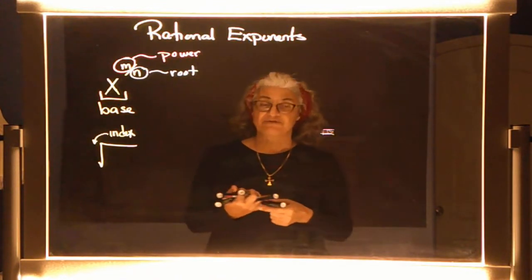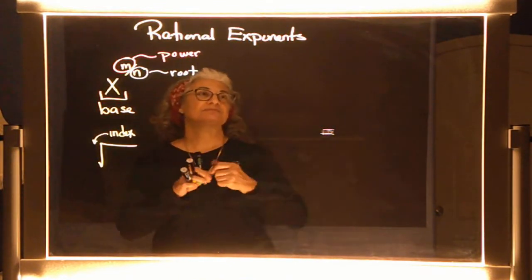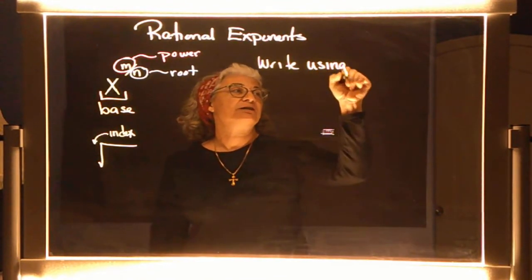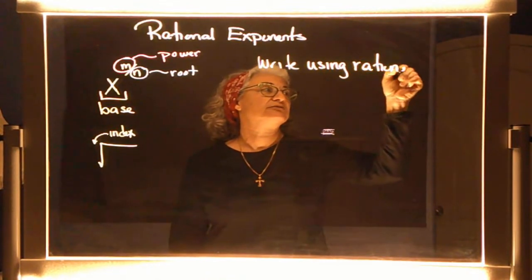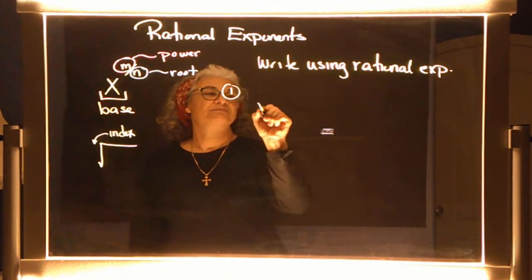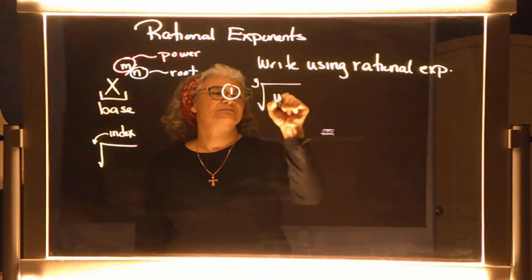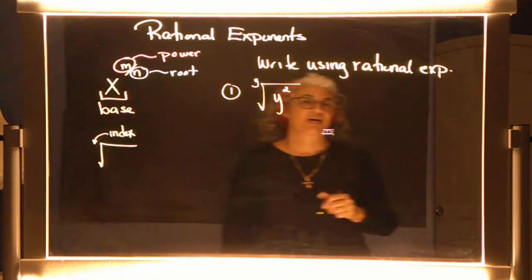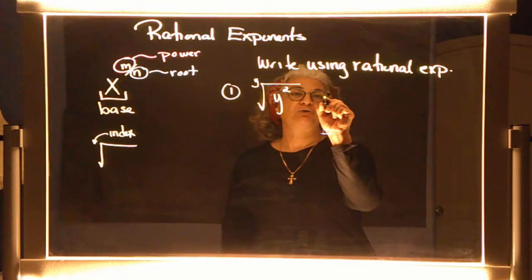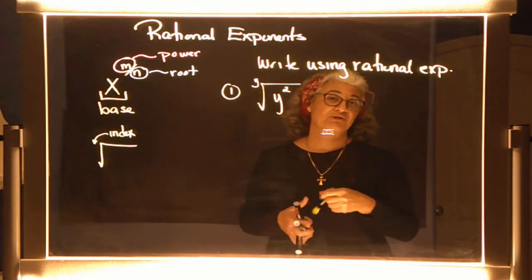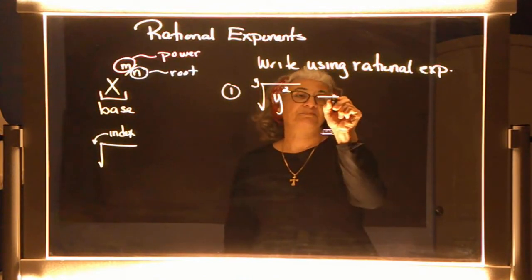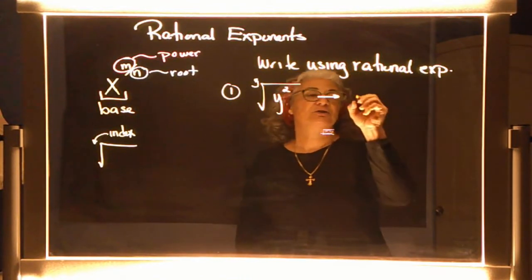Okay, so, for example, write using rational exponents. So I have the cubed root of y to the second. With me? Okay, so to rewrite this using rational exponents, first we need to write the base. And my base is what? Good, y.